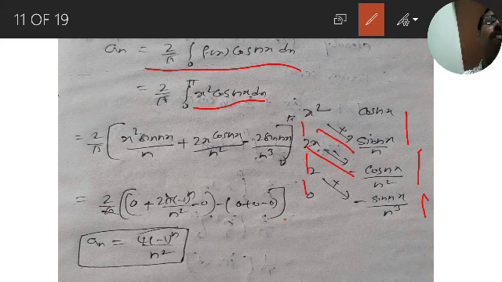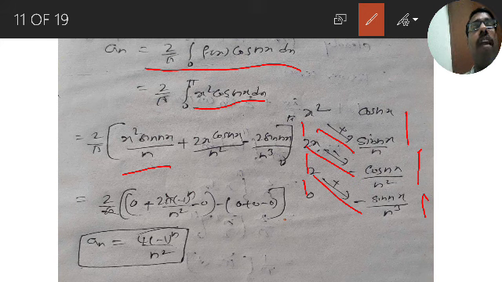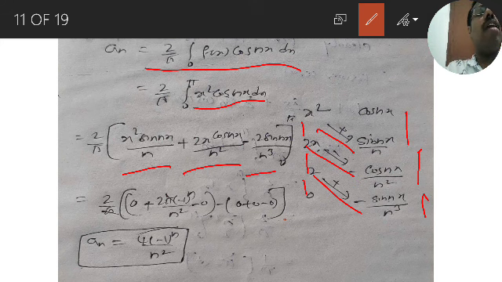Alternately plus, minus, plus, cross multiply to get 2 by pi. First term x square into sin nx by n, second term 2x into cos nx by n square, plus into minus minus 2 sin nx by n cube.